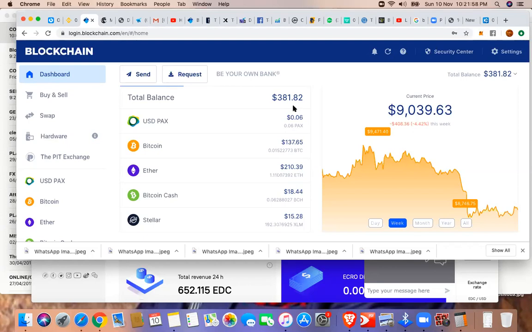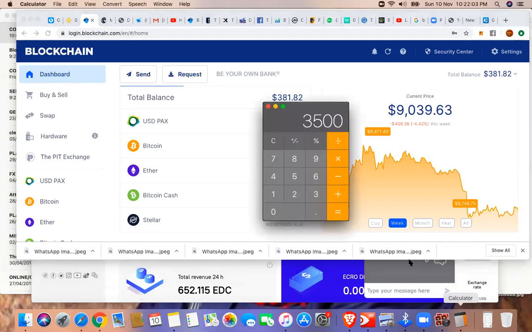So if it does 100,000%, what does that amount to? 100,000% of that money you are seeing, that's about $381,000. Something like that, right?